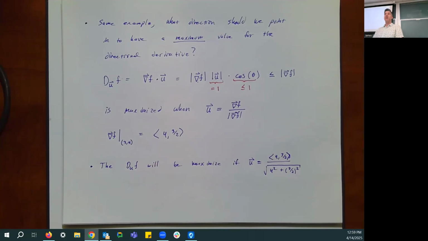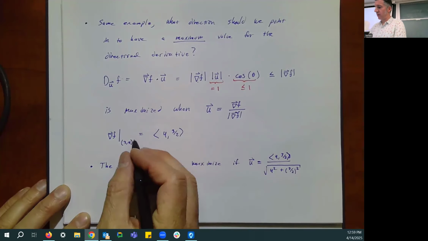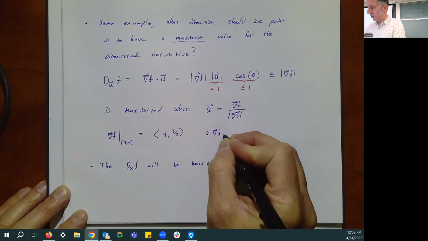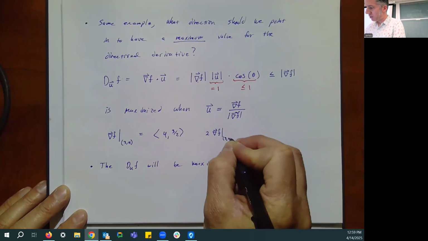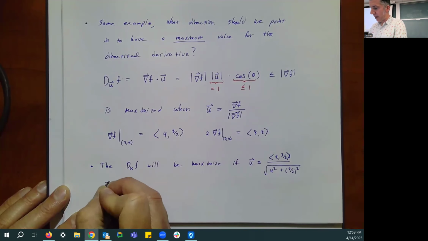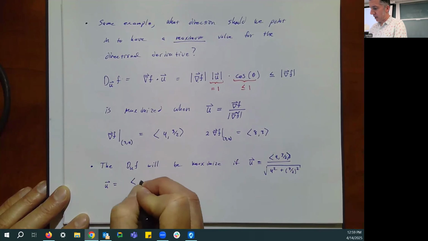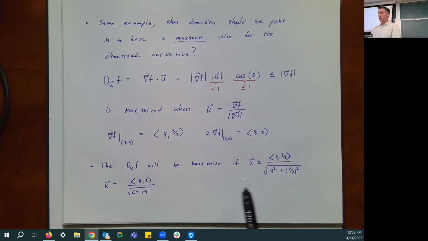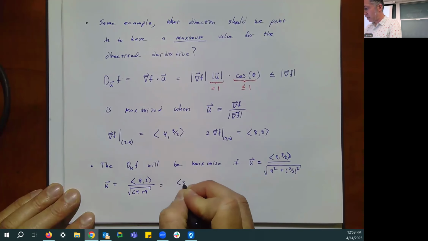You know what I could have done instead? I could have gotten rid of the fractions first. I could have instead said, let's just multiply this vector by 2. So 2 times the gradient at the point 3, 4 is equal to 8, 3. And then my vector u, I could more easily write as the vector 8, 3 divided by the square root of 64 plus 9. Those are the same. This one just looks nicer. So here our vector is 8, 3 divided by the square root of 73.